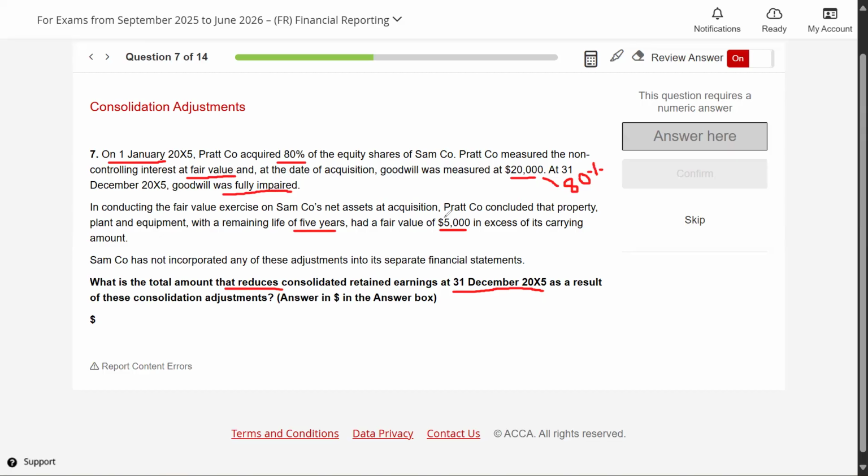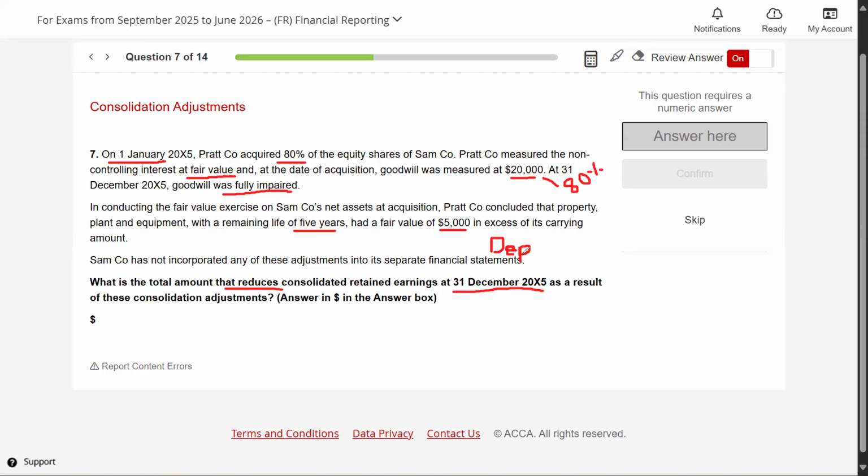So this means there needs to be a depreciation. The depreciation is going to be 1,000, because we take the 5,000, divide by 5 years, and the answer is 1,000. So overall, the retained earnings would go down by 21,000.